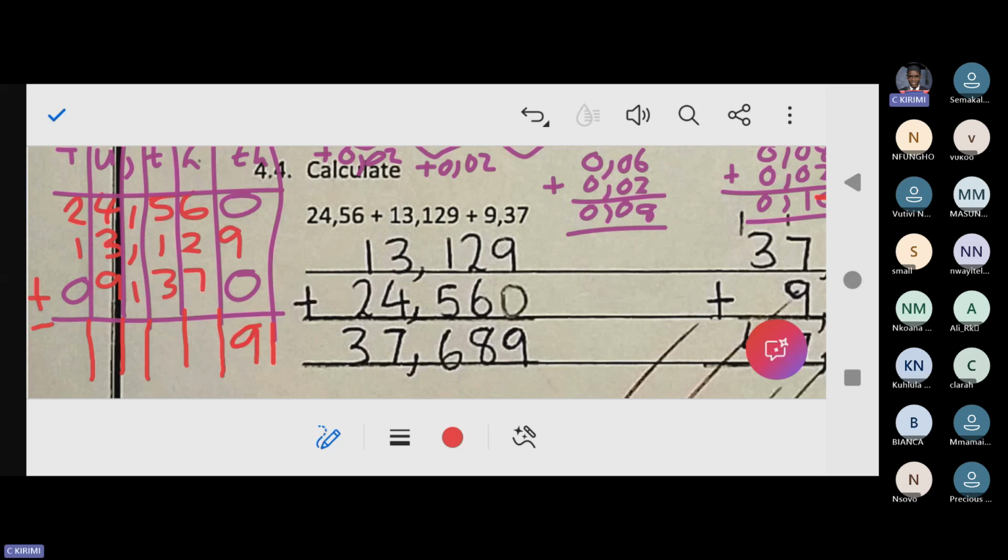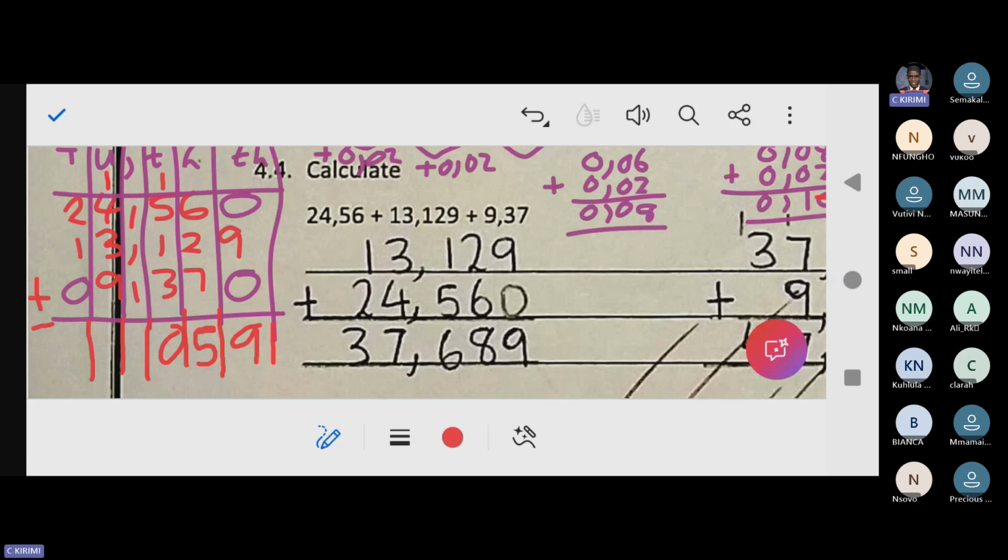6 plus 2 plus 7. So 6 plus 2, that's 8. 8 plus 7, that's 15. 5, you carry a 1. 1 plus 5, that's 6. Plus 1, 7 plus 3, 10, which means 0. Carry 1 to the units. 1 plus 4, 5. 5 plus 3, 8.